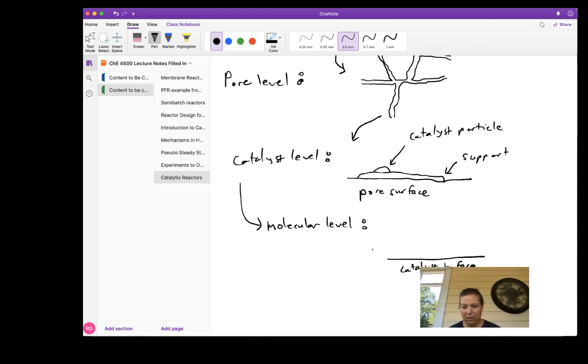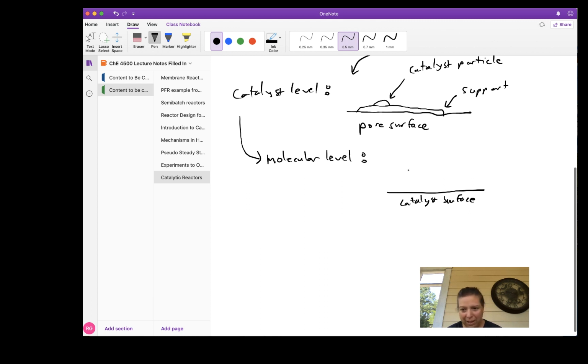It doesn't even know that this is curved. So we have molecules here, and I'm just going to draw a molecule. We have adsorption. We have surface reaction. We have desorption. So a lot of processes that we have to think about in catalysis.